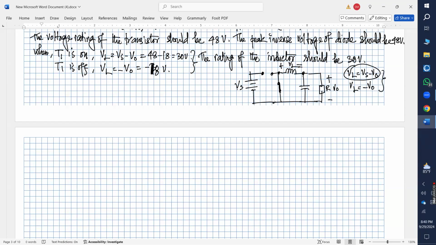So we have to check what is the maximum value of VL that would appear across the inductor during these two modes. And by comparing, we got that this should be the highest voltage in terms of magnitude, not by the polarity, right? Any question?